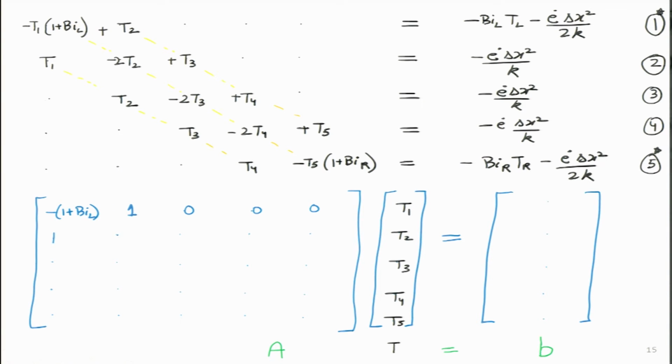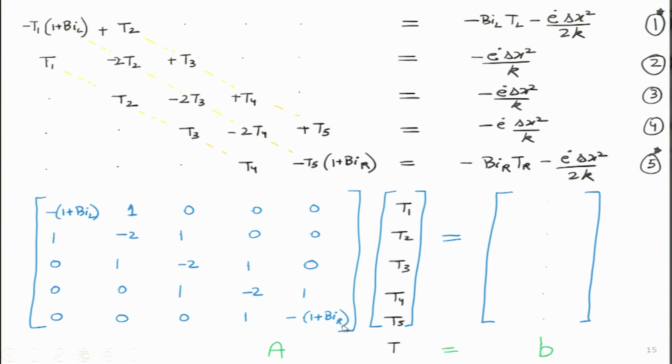Then we get 1 minus 2 1 0 0. Then we get 0 1 minus 2 1 0. Then 0 0 1 minus 2 1. Then 0 0 0 1, and the last term becomes this 1 plus B I into R.